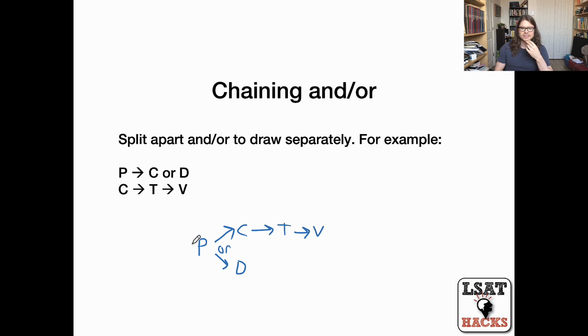So in this case, you can't actually say if you have a pet, you have something with a vertebrae. Now, I know in real life that dogs also have tails and vertebrae, but we can only conclude what we're given, right? So in this case, what we can say is, in the first case, either we have a cat and therefore a tail and a vertebra, or we have a dog, or both.